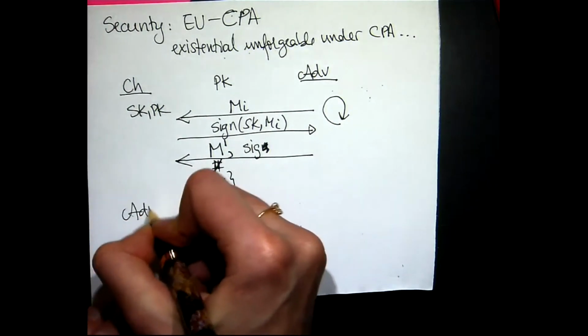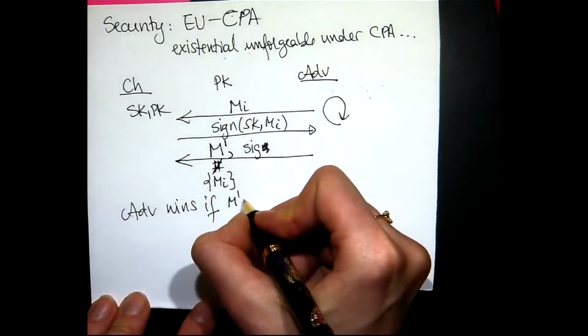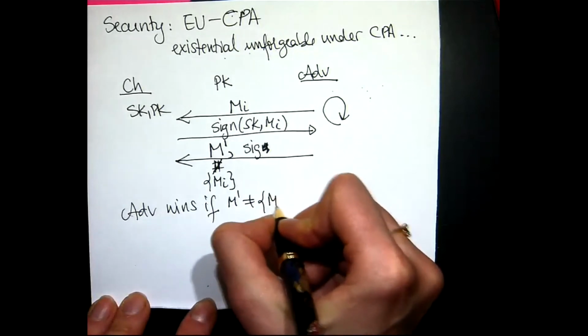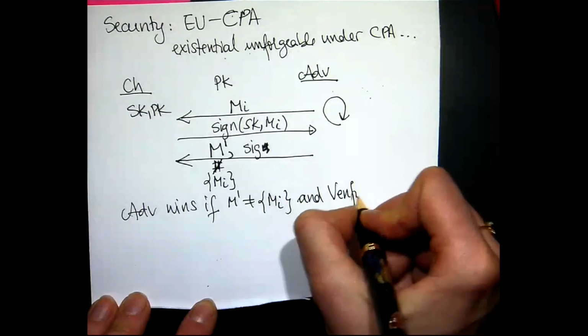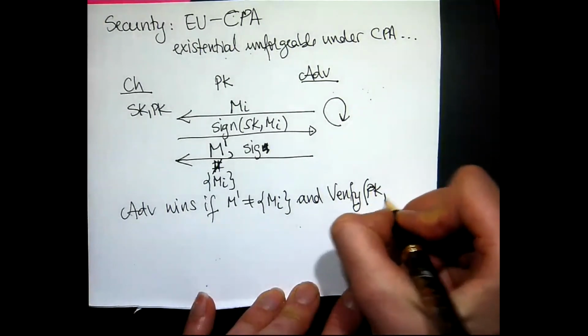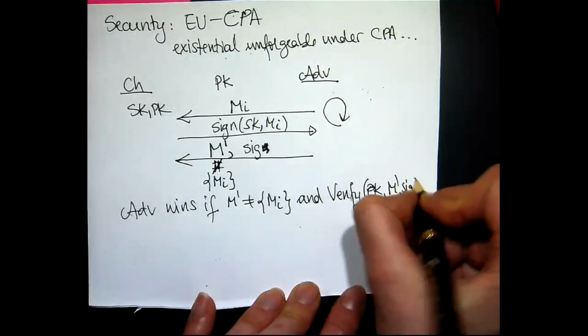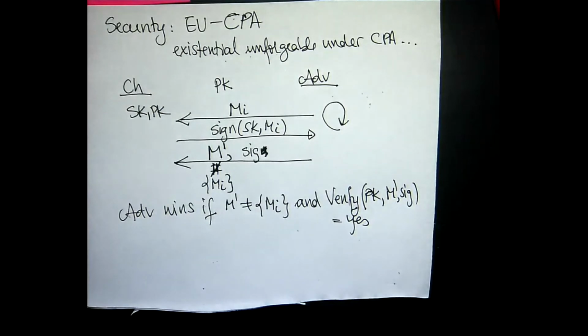So the adversary wins if M' is different from any of the M_i, and verify with the public key on M' and SIG says yes. Okay, then the adversary wins.